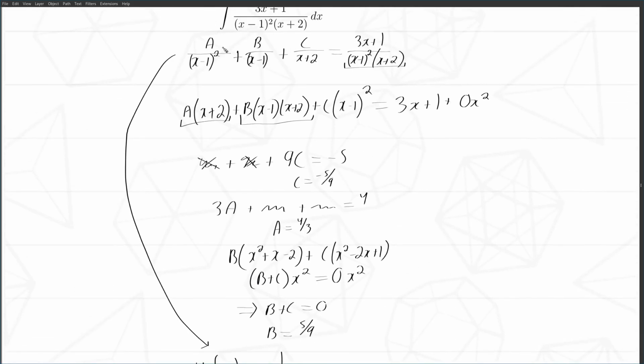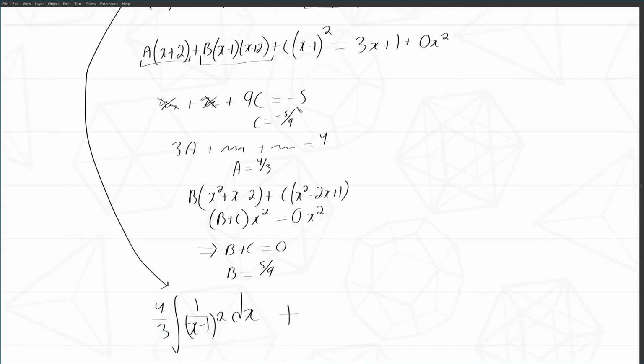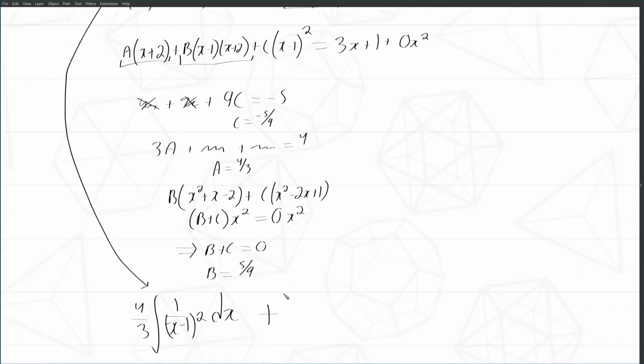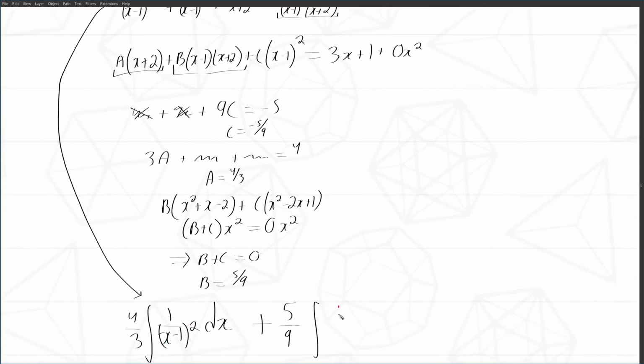Okay, factor the b to the front since it's just a constant, plus 5 over 9 integral of 1 over x minus 1 dx.